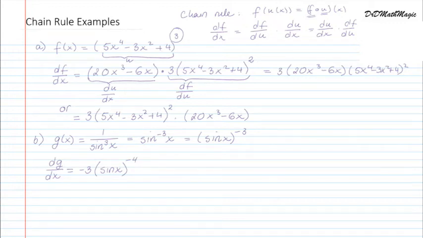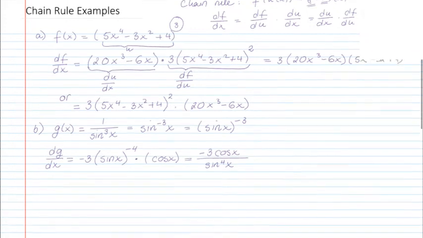But the chain rule dictates that I have to now multiply this by the derivative of the something. The something was sine x. What is the derivative of sine x? That is cosine x. So the answer to this question, what is the derivative of g with respect to x, is negative 3 cos x in the numerator, and in the denominator is sine of x to the power of 4.